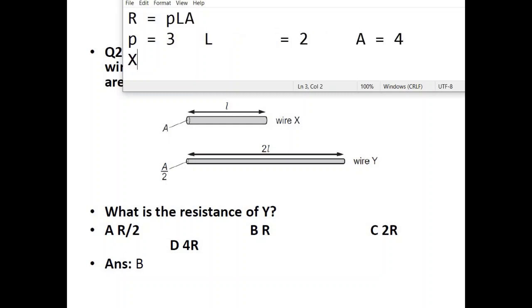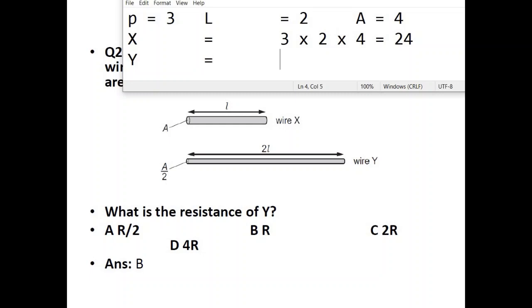Okay, now for X, rho L over A: 3 multiplied by 2 multiplied by 4 would give you, 3 2s are 6, 6 4s are 24. And for Y, the resistivity rho would remain the same. Now the length is supposed to be twice that, so instead of 2 it would become 2 2s are 4.